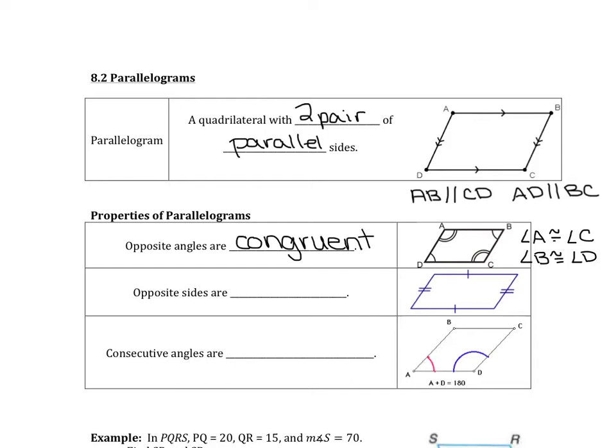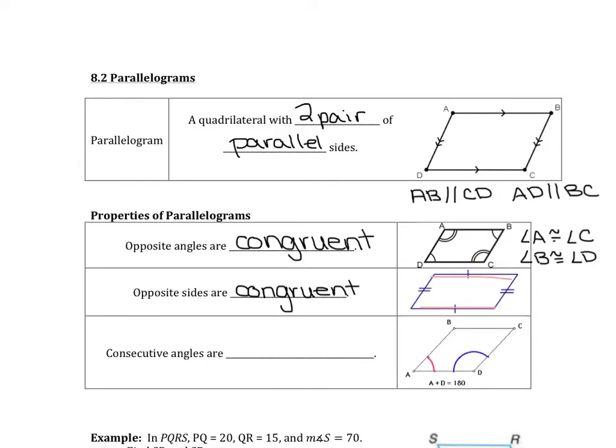Likewise, the opposite sides are also congruent. So if I look in the diagram, I can see that the opposite sides are marked congruent. The tick marks, when they have the same number of tick marks, that means that they are congruent to each other.